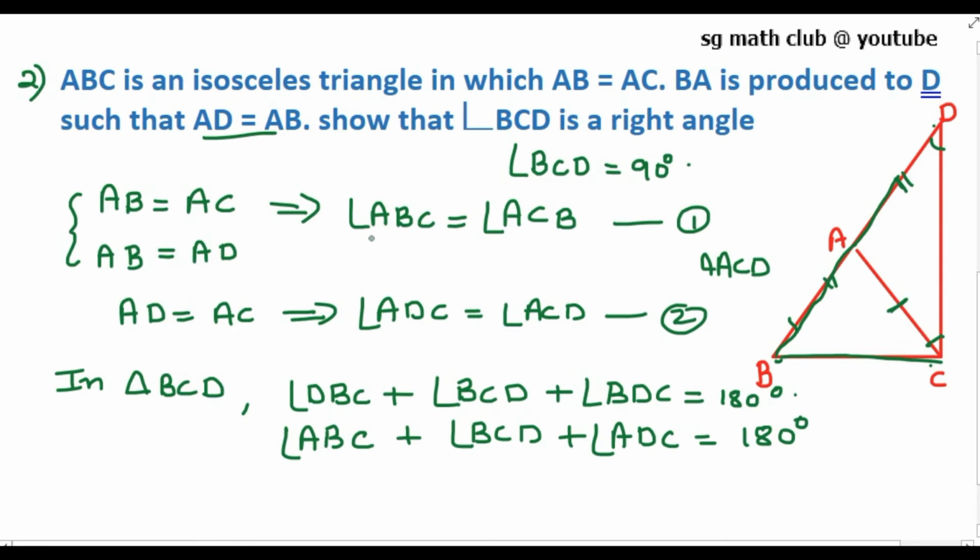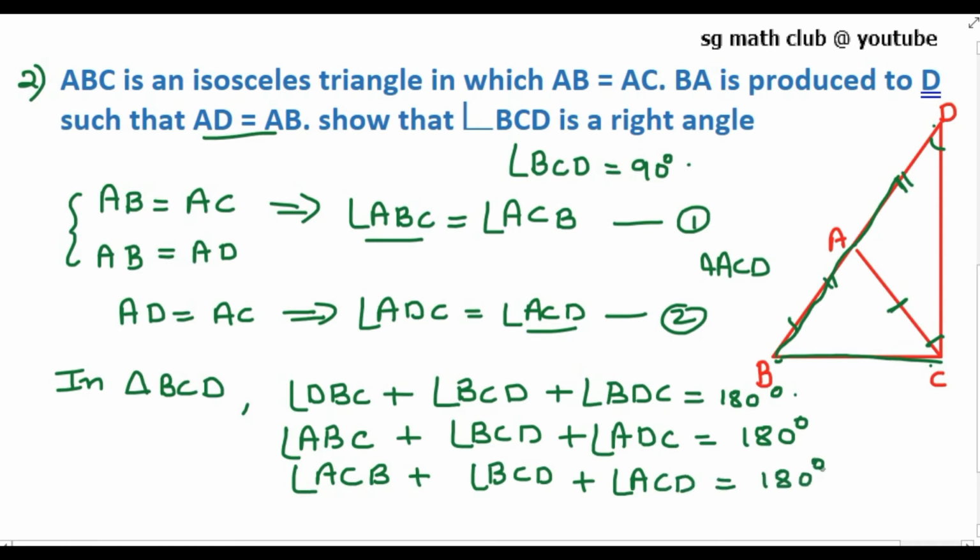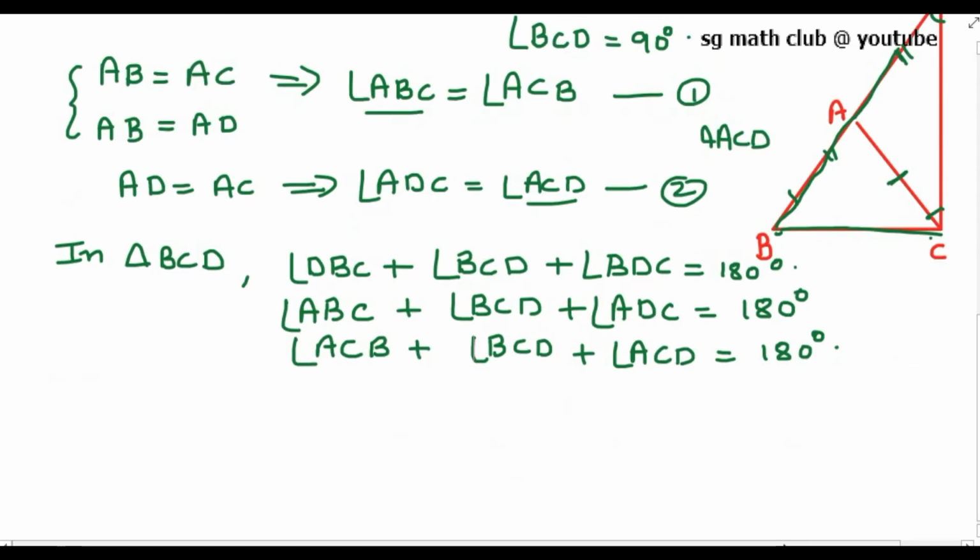Now from equation number 1, ABC I can replace as ACB, plus this BCD I will write as such. ADC from equation number 2 I can replace as ACD, which is equal to 180 degrees. From the figure we can see ACB and ACD are these two angles.